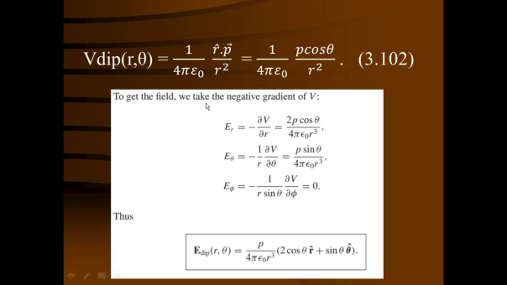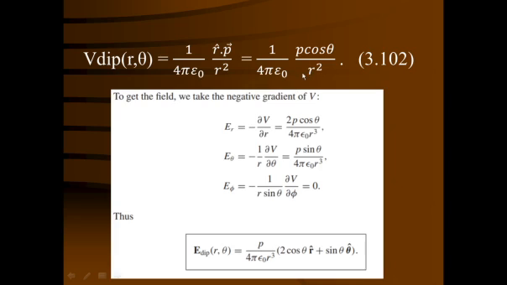Now we are interested to find out the component of the electric field. So E_r, in the spherical coordinate system, we have to differentiate the potential with respect to r, with a negative gradient. So E_r = -∂V/∂r. If you differentiate this expression with respect to r, P cos theta is going to be constant. 1 upon r square has to be differentiated, and the differentiation of 1 upon r square is minus 2 upon r cube.